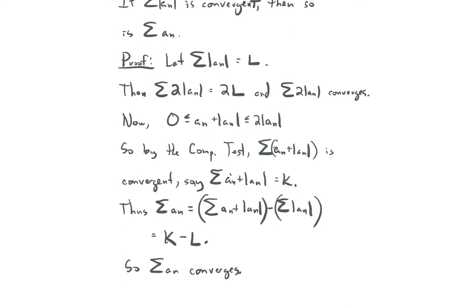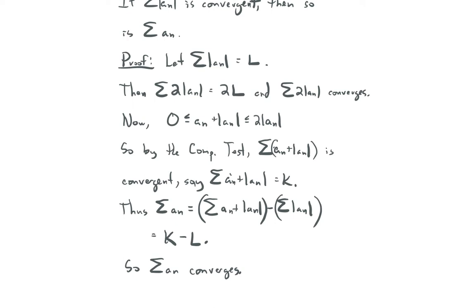Let's assume that the if part is true, that our absolute series is convergent. So let's say the sum is this value L. Well, if this converges to L, then 2 times the series, multiplying every term by 2, just gives us 2L. So that means that the series 2 times the absolute value of a_n converges.